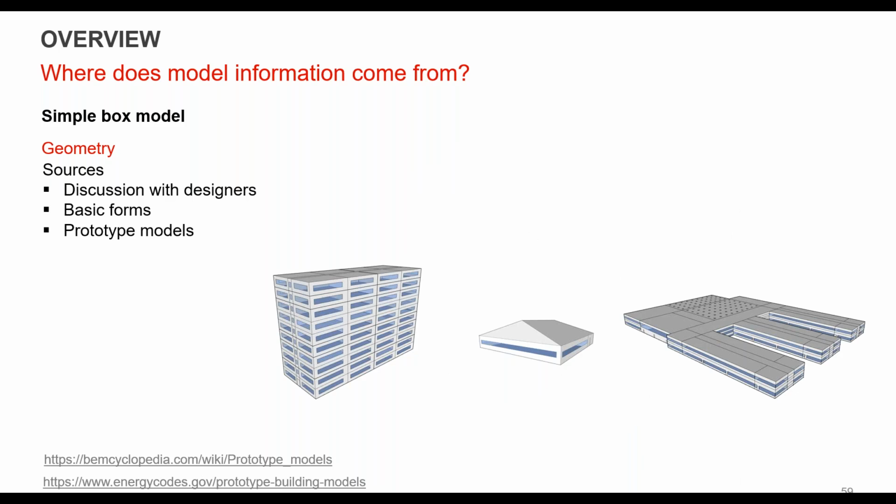Sam, a couple questions from Jose. What's the difference between energy codes and prototype models? Okay. Well, energy codes are developed using the prototype models. The prototype models are intended to be typical buildings built to energy code. There are 16 different varieties of the prototypes, and those are used to inform development of future energy code.